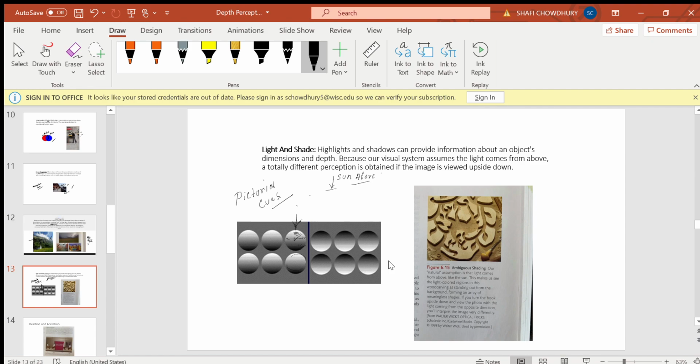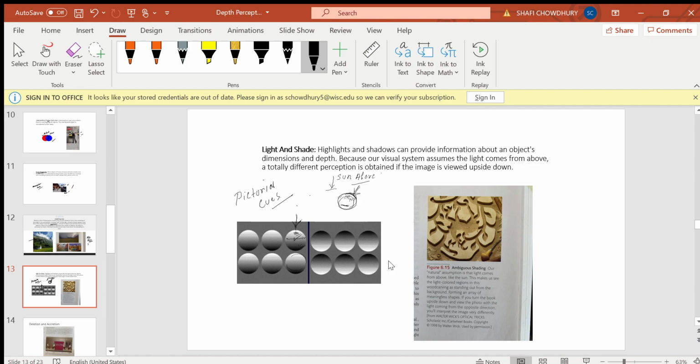The opposite is here. If you think this is a deep object like a ball, and light is coming from this way, the wall will block the light, so this part will be dark. However, light will reach here more.